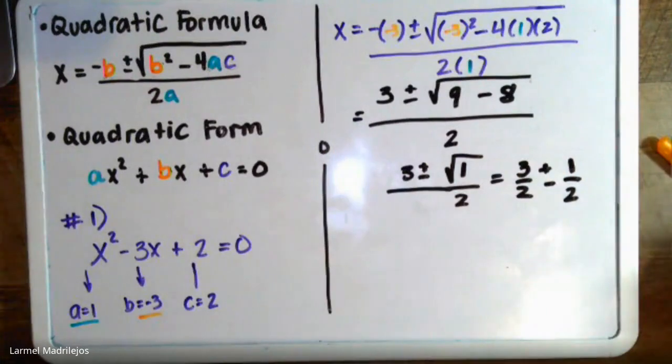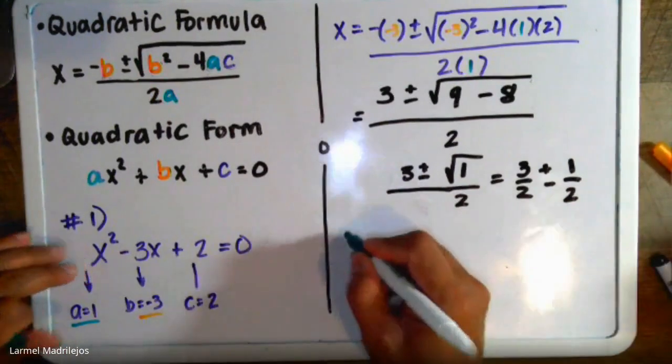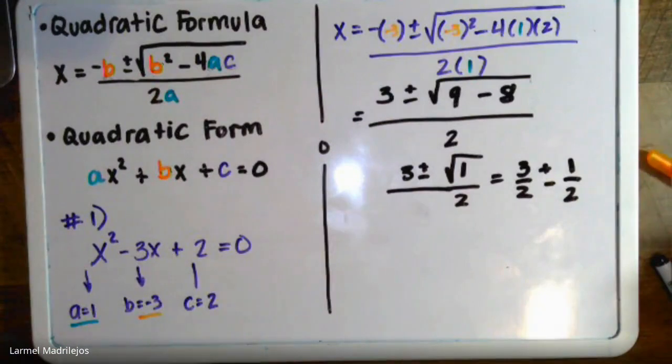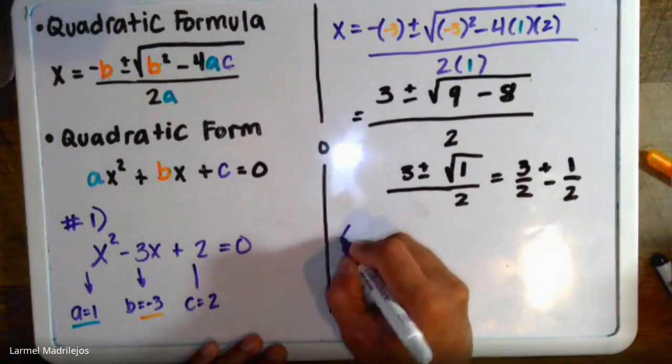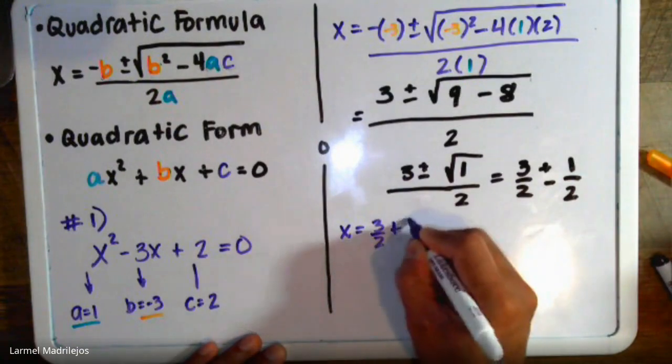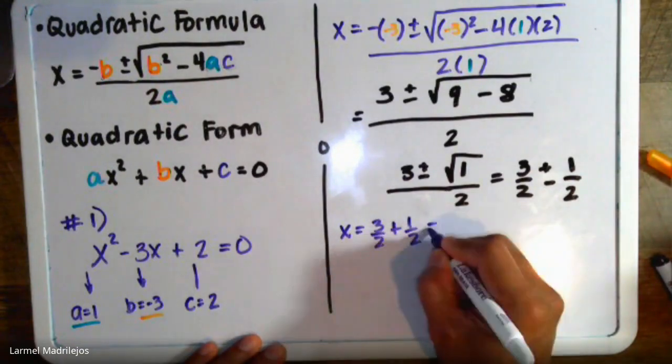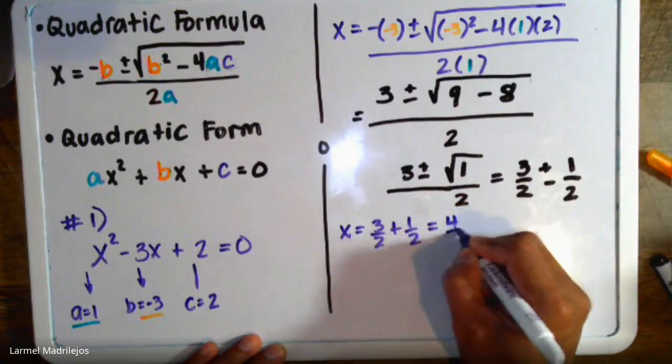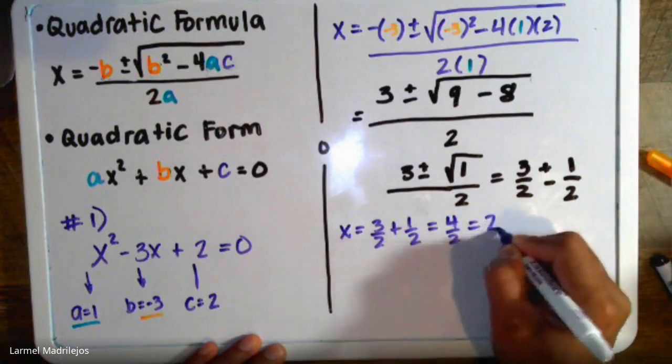So what does it mean? You see the two signs there? You need to write both answers. The first answer: 3 over 2 plus 1/2 is equal to 4 over 2, or 2.